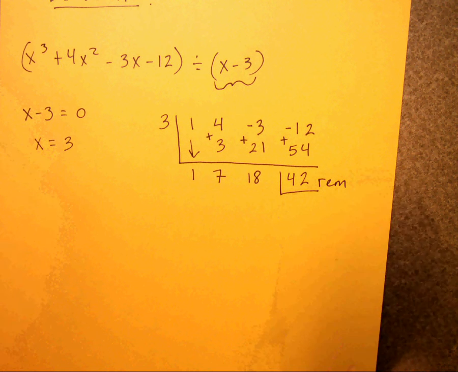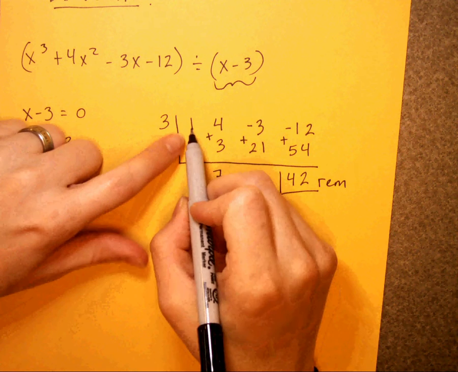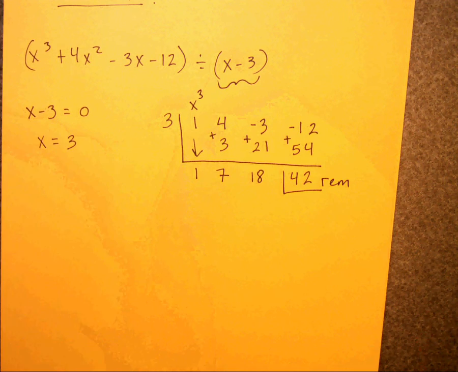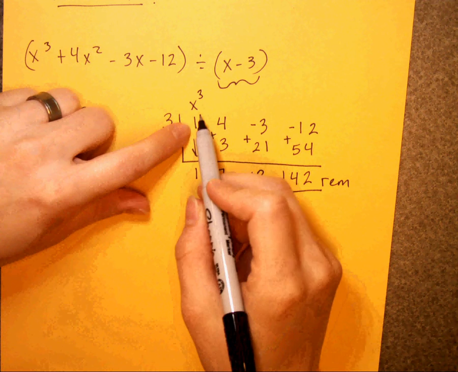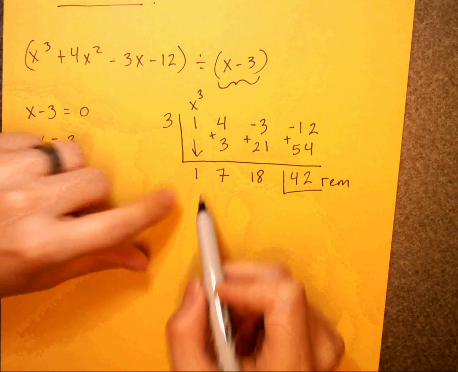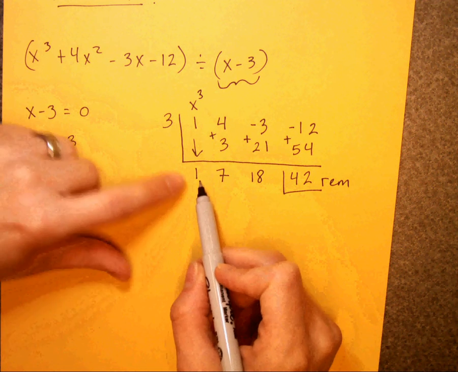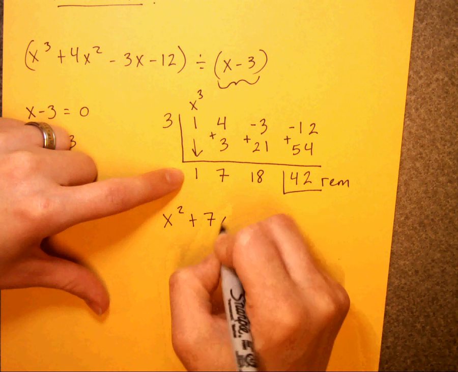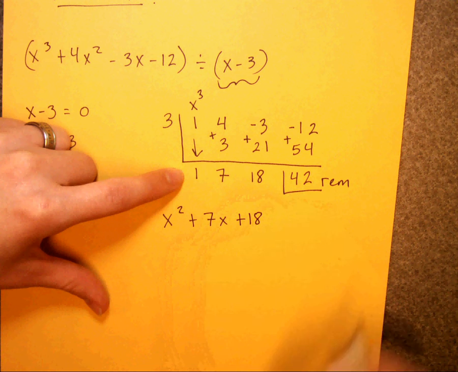So to write our overall answer, what I started with was x cubed. We're dividing by something linear, so that means my answer drops down by 1 power. So whereas my first term was x cubed, my first term now is x squared. So I have 1x squared plus 7x plus 18.